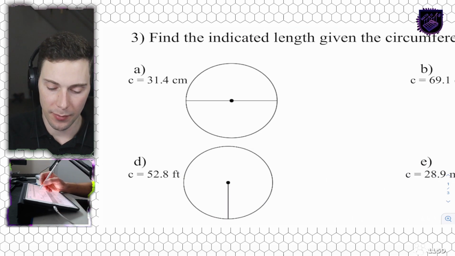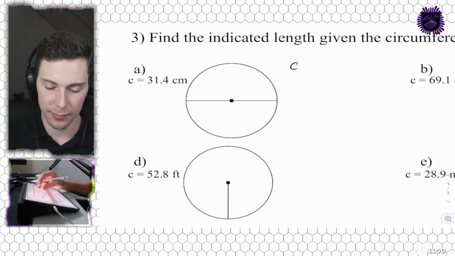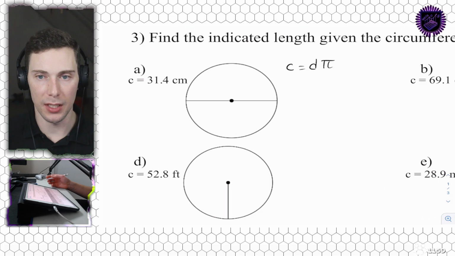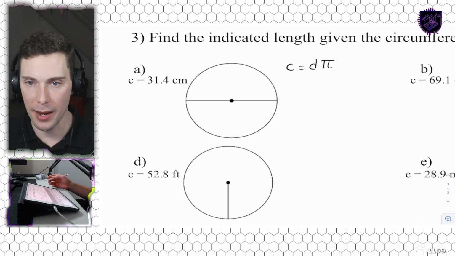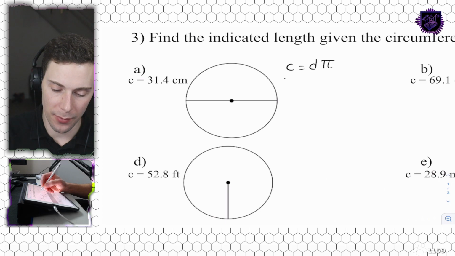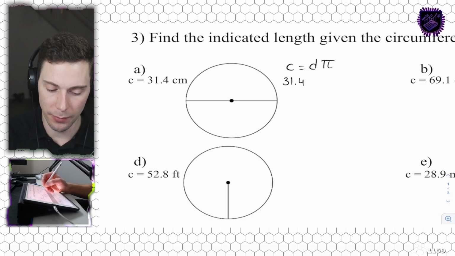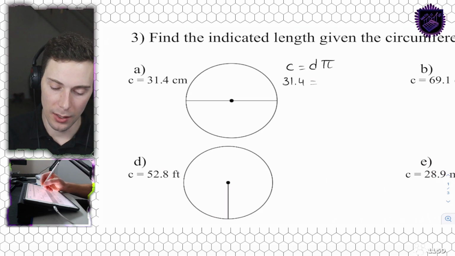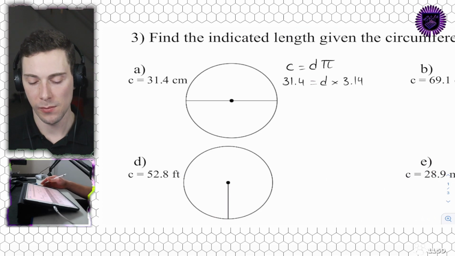Our circumference is going to be equal to diameter times pi. Now, we know some of these, but we don't know diameter. Circumference, 31.4, is equal to diameter times 3.14.